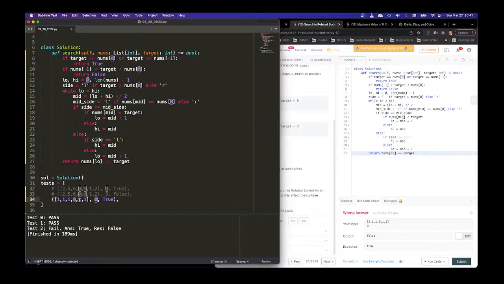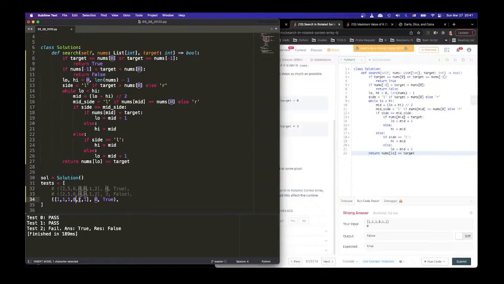If mid is larger than the left and larger than the right, that is an indication it should be on the left hand side. If the mid is smaller than the left and smaller than the right, that's on the right hand side. Oh, we've done this already. That's going to be on the left hand side.